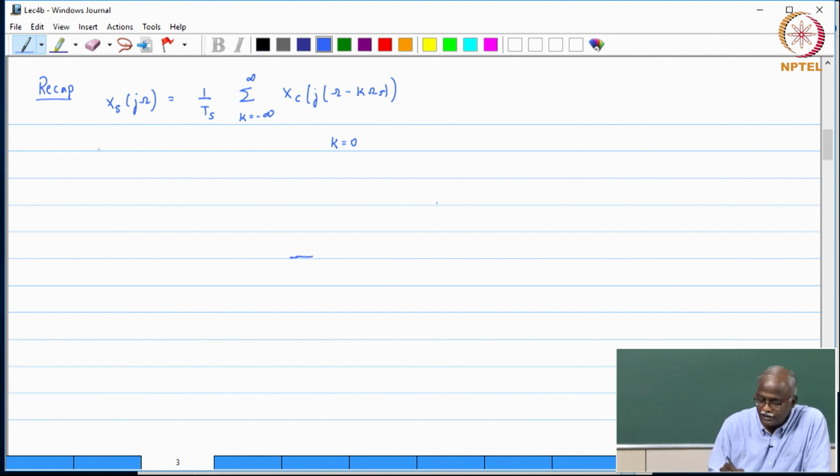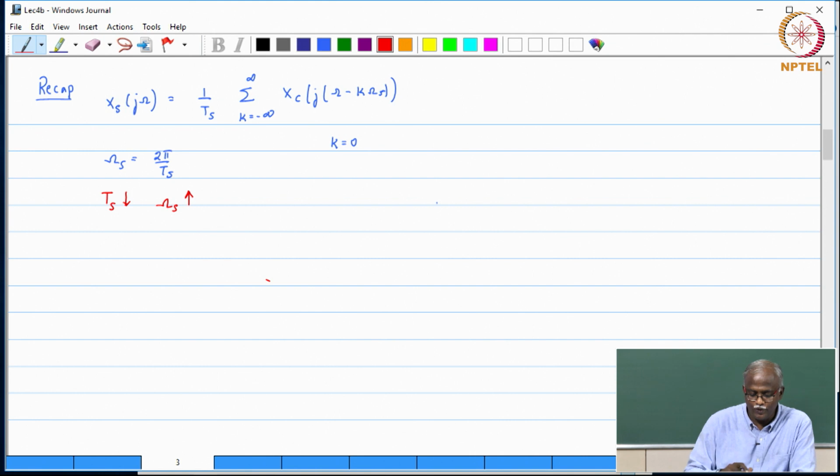The relationship between the continuous time signal and the sampling frequency: omega s is equal to 2 pi by Ts. And a very important relationship: as you reduce Ts, that means your sampling period is reducing, the sampling frequency is increasing.